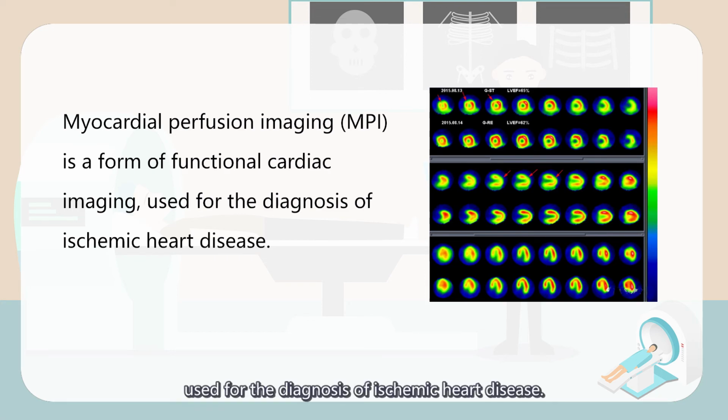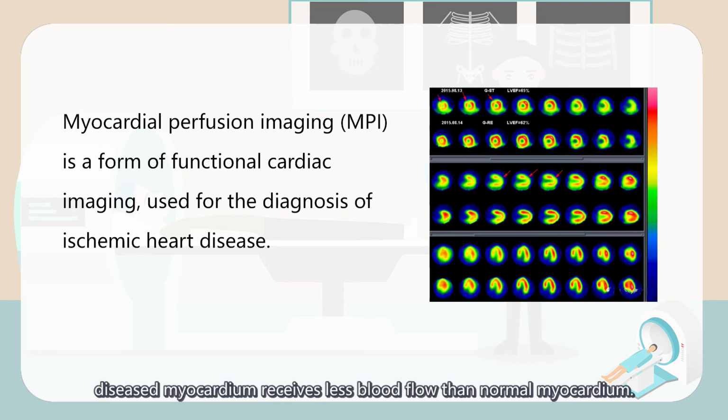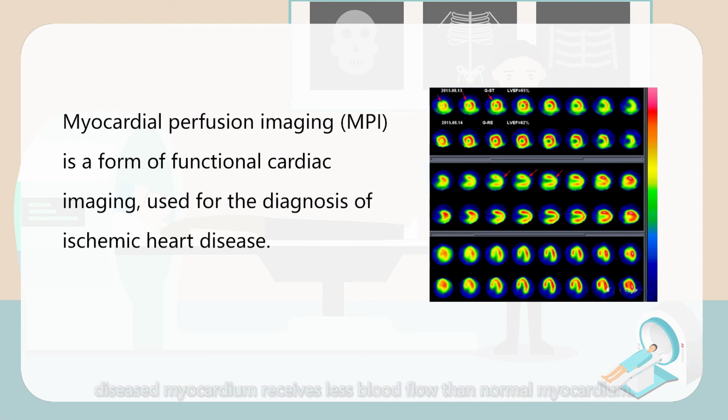It's used for the diagnosis of ischemic heart disease. The underlying principle is that under conditions of stress, diseased myocardium receives less blood flow than normal myocardium.